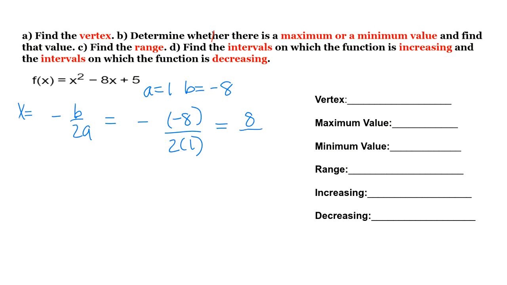And then in the denominator, 2 times 1 is 2. When I reduce, I get 4. So my x coordinate is 4. Now I plug 4 back in.